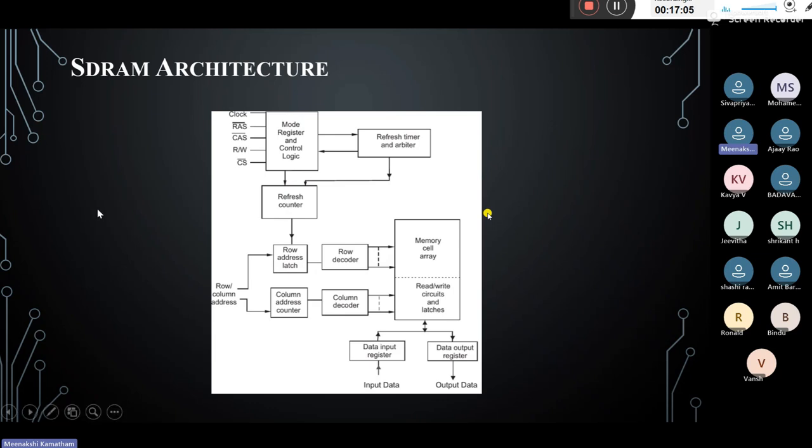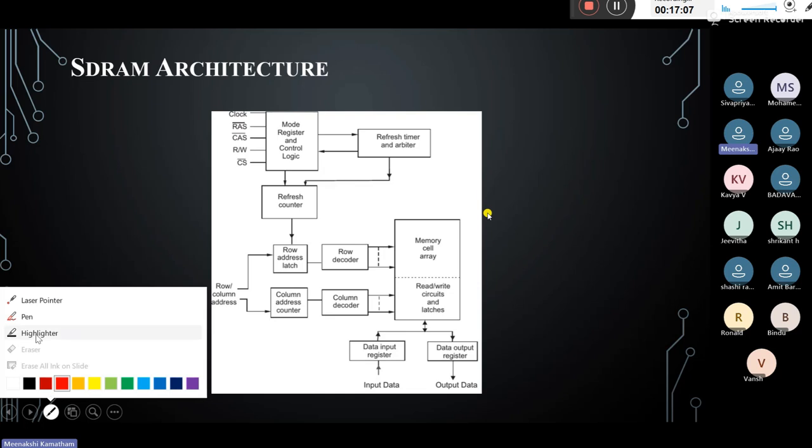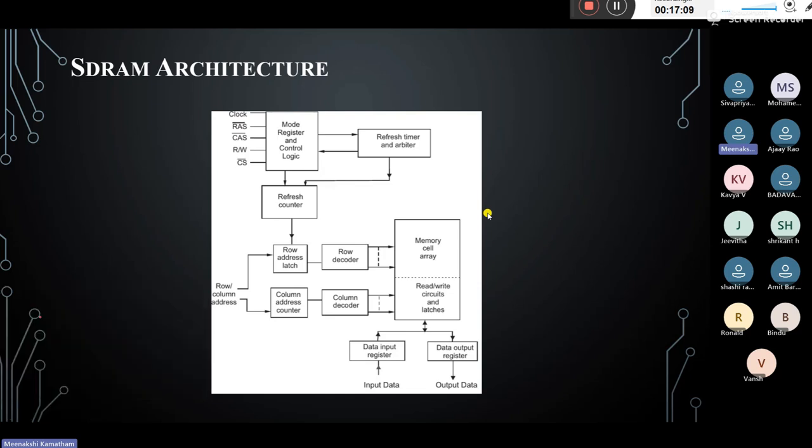It is the same, but here we need to do things synchronously. Here we have mode registers, control registers, ODT registers, and BCW registers. We have many registers. RAS is nothing but row address select.